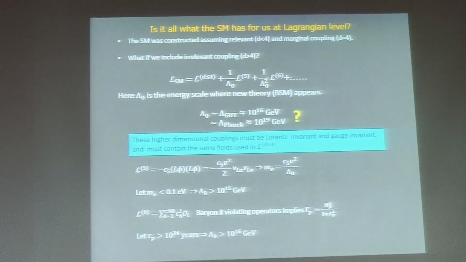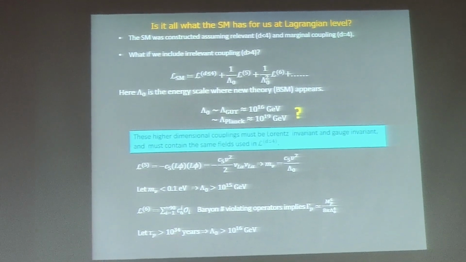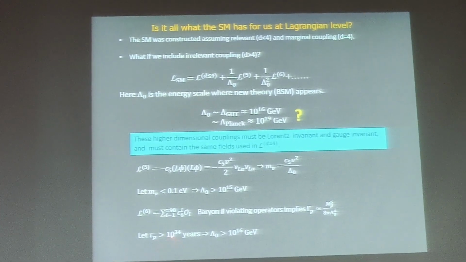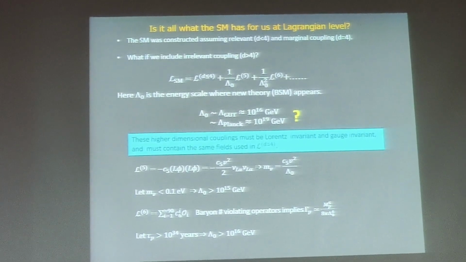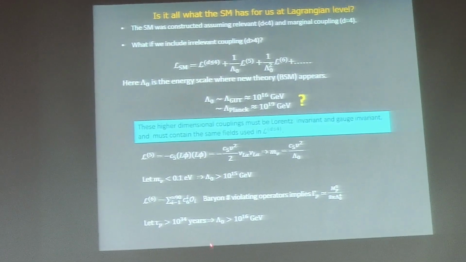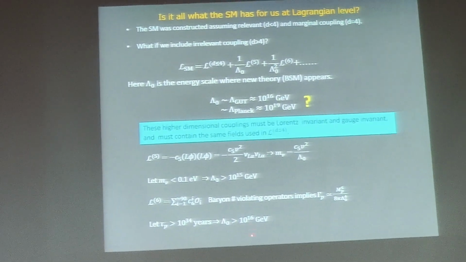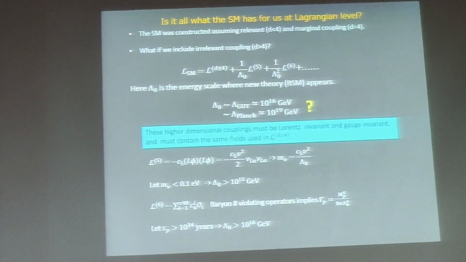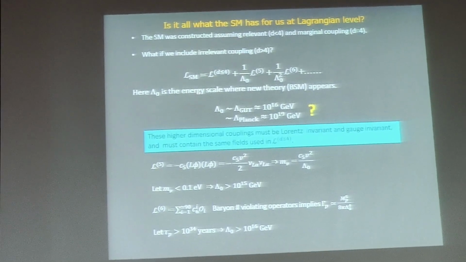So if you know the limit of the lifetime of the proton, the current experimental limit, which is, I think, greater than 10 to the 34 years, we can fix the limit on this scale factor. And interestingly, we find more or less the same answer as we get for the scale factor from the mass of the neutrino.